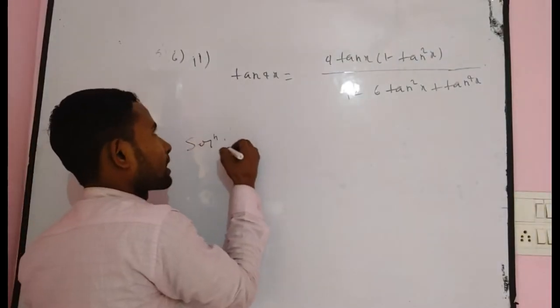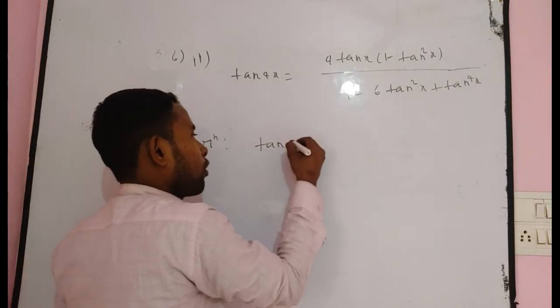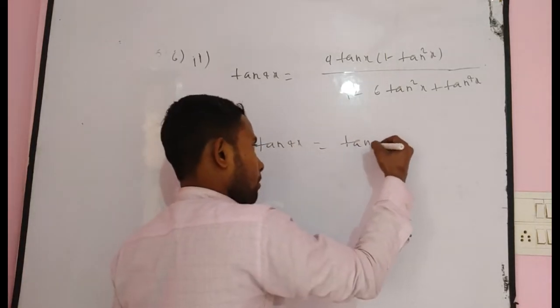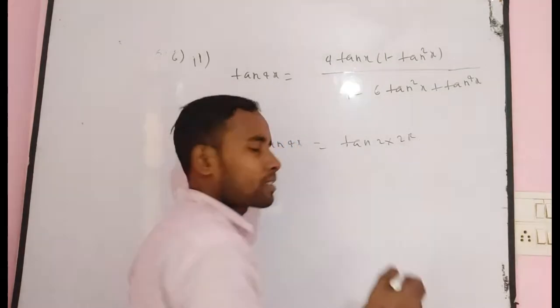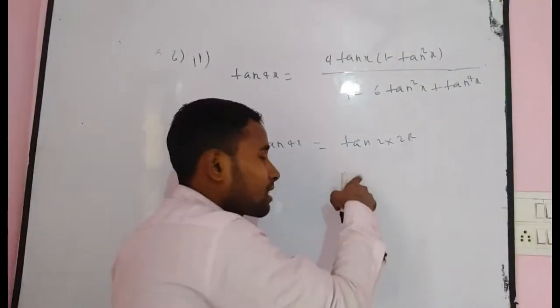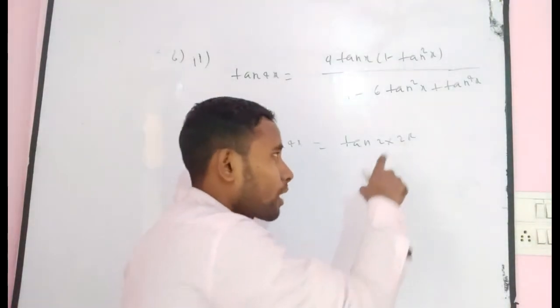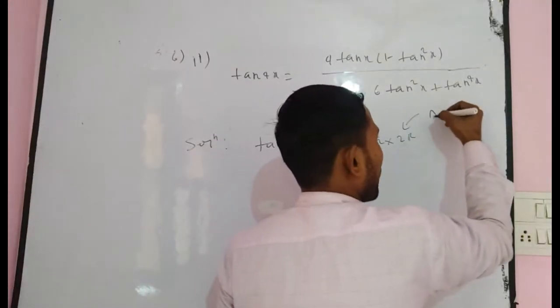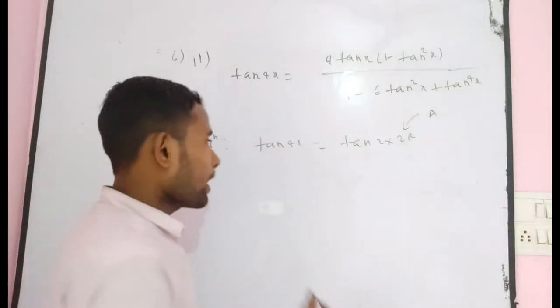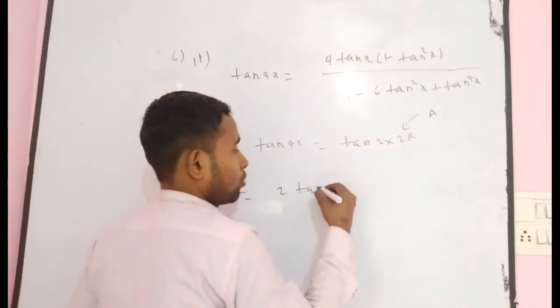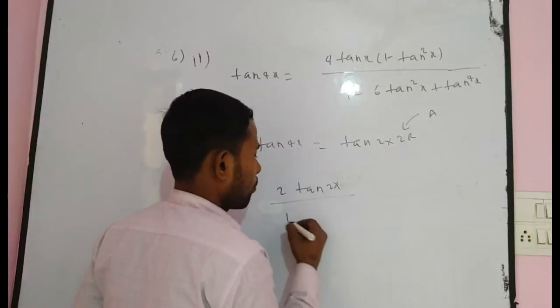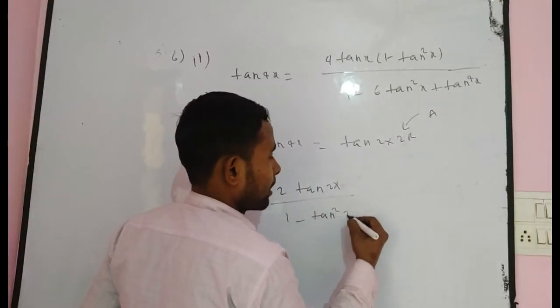There is a very simple logic behind it. Tan 4x, can you write it as tan 2 into 2x? Now it is just tan 2a, where 2x is equal to a. Tan 2a is equal to 2 tan a divided by 1 minus tan square a.